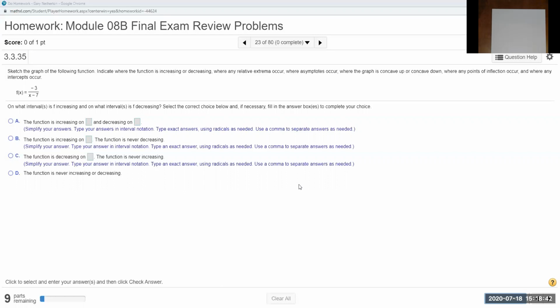So I think what I'll do is just write down this function, and we'll try and do about everything we can with it. And then we'll go back and try and answer the questions, and hopefully we will be able to answer all the questions based upon what we've done.